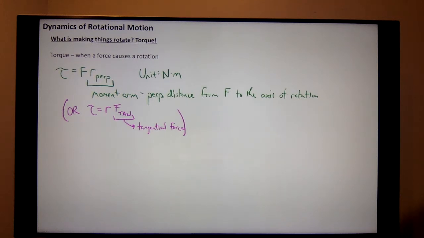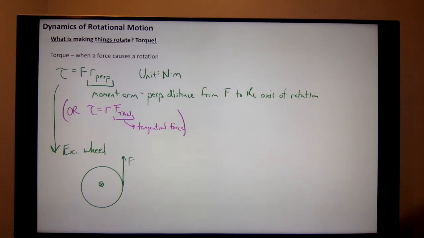Okay? So going back to this torque idea, let's say, for example, we have a wheel. So once again, I need a circle. There we go. Let's say that it's rotating about this axis right here in the middle. So that's the axis of rotation. And let's say we decide to spin the wheel counterclockwise. So let's say I apply a force right here.